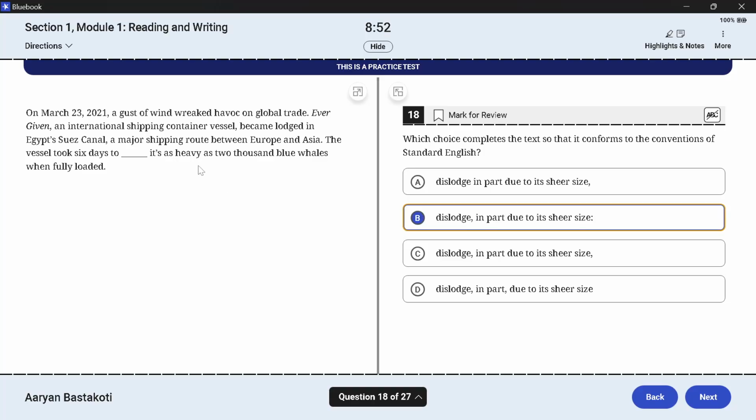This seems like the right answer. In part due to its sheer size, it's as heavy as 2,000 blue whales when fully loaded. This part is explaining, so we need this right here, and the whole section after this is the unnecessary part.